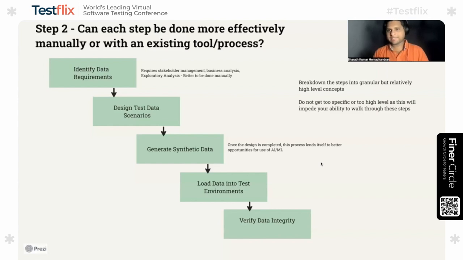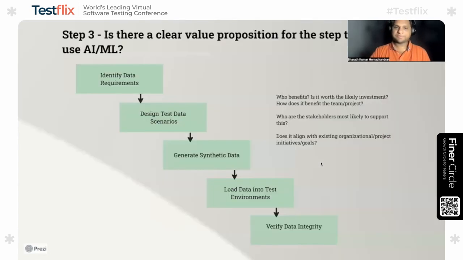So breaking down these steps helps you atomize the process of figuring out where to use AI/ML a lot more specifically, which makes it easier for you to define the scope of requirements, to define the inputs, the outputs, and verify what you need to do in order to make sure that it works properly.